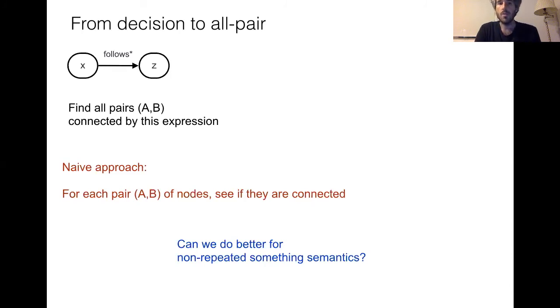So we know that there are fragments for which non-repeated sampling semantics is polynomial time with respect to the decision problem. We don't know, or at least I don't know, whether there is an efficient way of actually computing all pairs connected via a path in this expression under no repeated sampling semantics. So this is open, and I think it's an interesting question.